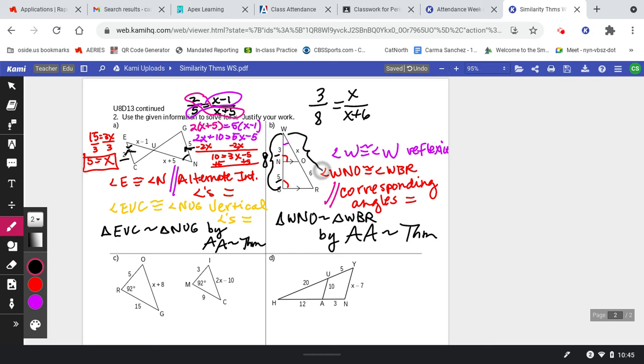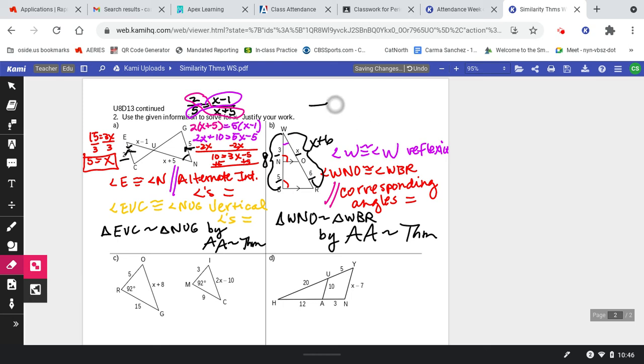Notice that this side length is x plus 6. There's the x, there's the 6. And I am going to need to write that way smaller so I can fit this work in. So again, we go little is to big as little is to big.